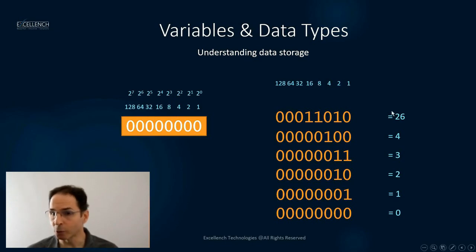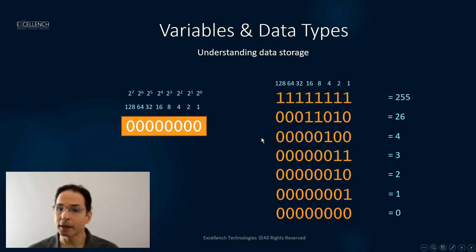So we're missing 2. We have the second bit that is represented by the number 2 to add to that. So these three specific bits come together to represent the number 26.